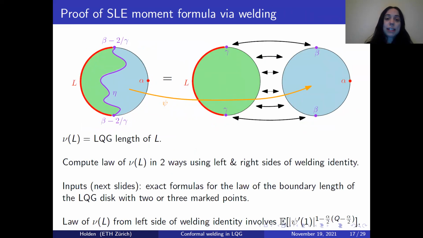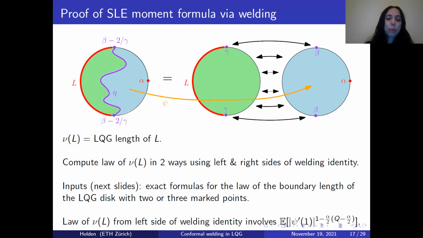So this slide is illustrating the main idea of the proof. The main idea is that we are considering this boundary arc L shown in red, and then we're computing the law of the length of L in two different ways. We're computing it in one way by using the left side of the welding identity, and in another way using the right-hand side of the welding identity.